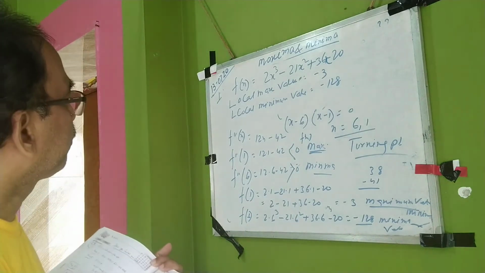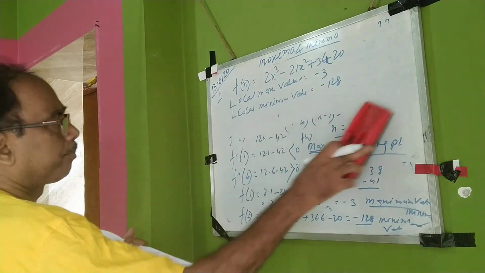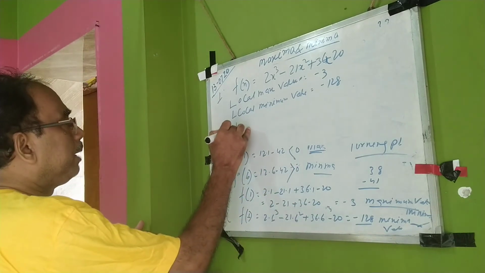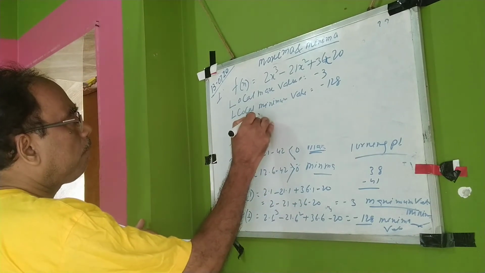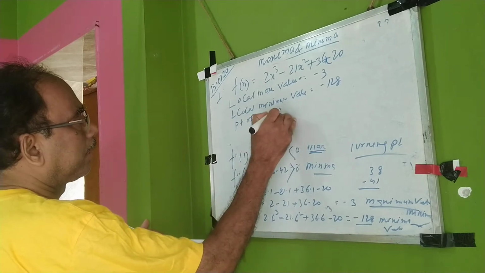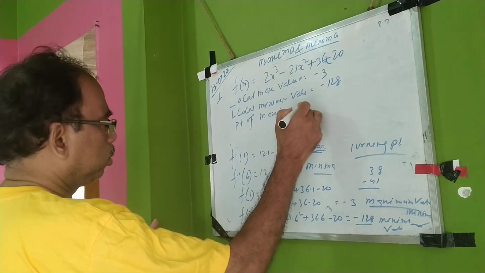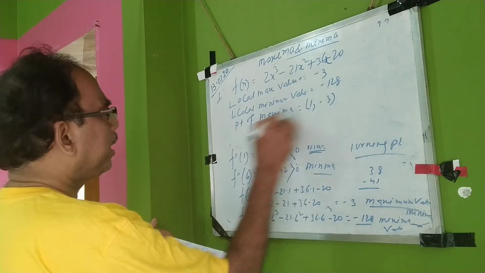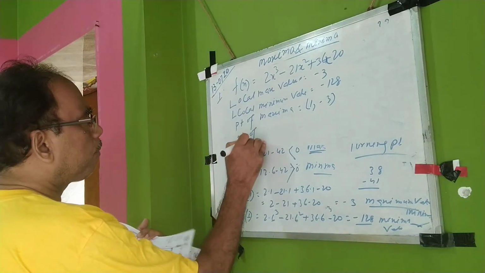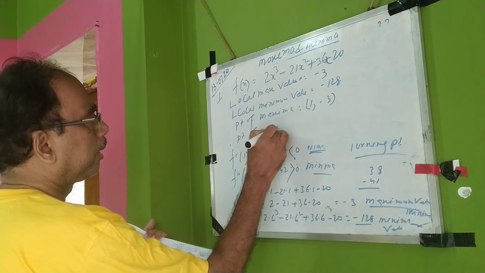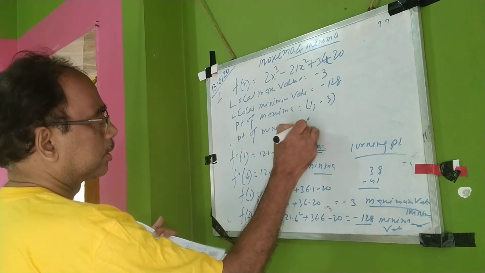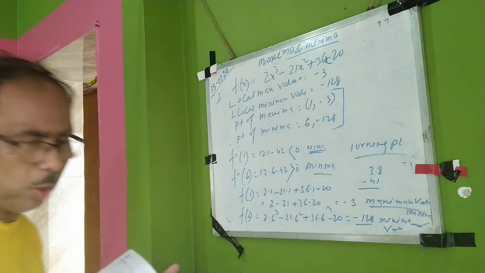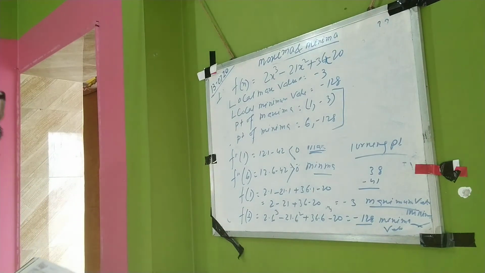What is your point of maxima? Then we can get the point of maxima and point of minima. Point of maxima equals (1, minus 3), and point of minima is (6, minus 128). That is your point of maxima and point of minima.